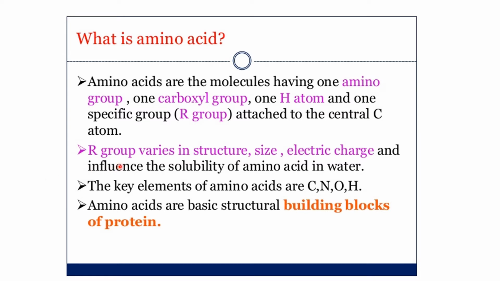The R group, specific for each amino acid, varies in structure, size, electric charge, and solubility in water. Amino acids are made up of carbon, nitrogen, oxygen, and hydrogen. As already mentioned, amino acids are the building blocks, or structural elements, of the protein molecule.